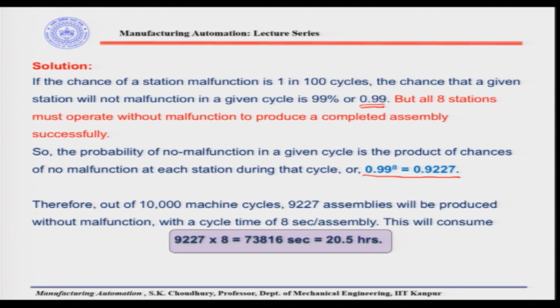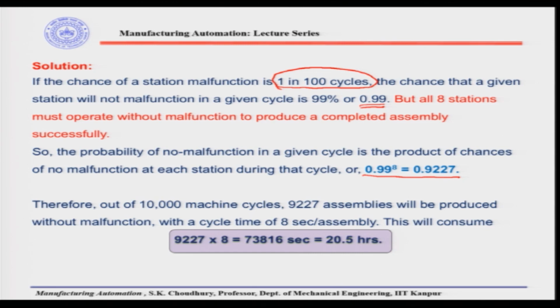What does that 0.9227 mean? That means out of 10,000 machine cycles, 9,227 assemblies will be produced. Is it clear? Once again I will repeat: 1 in 100 cycles the station malfunctions, okay. So, the station will not malfunction with probability 0.99 or 99%, okay.